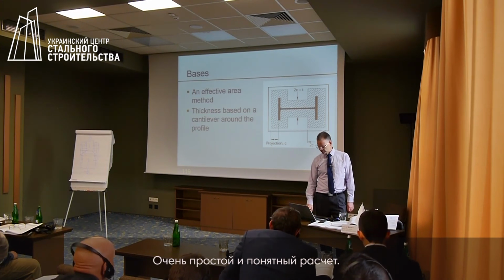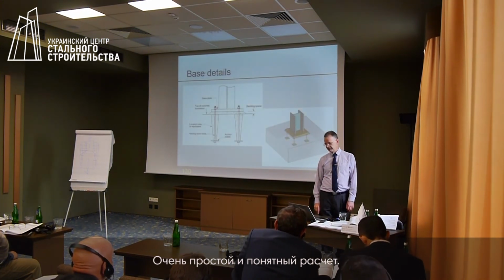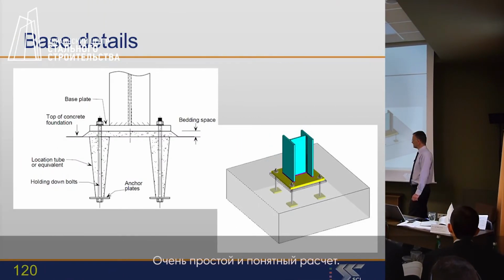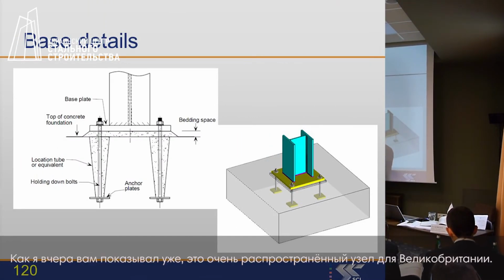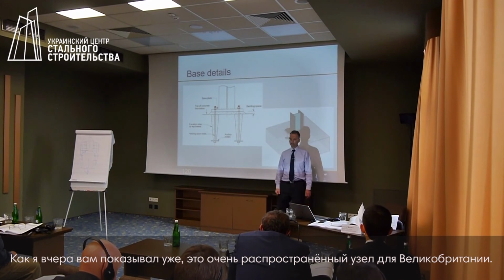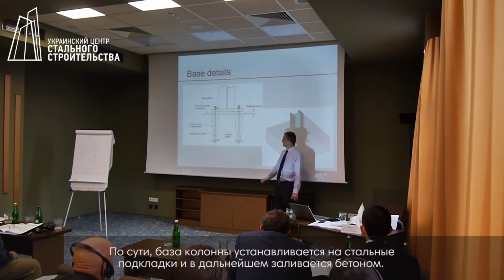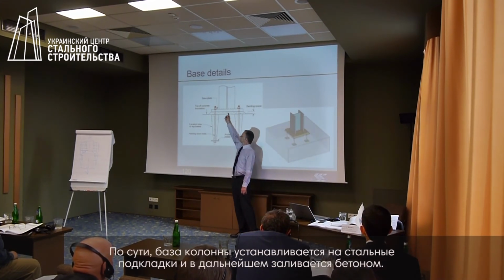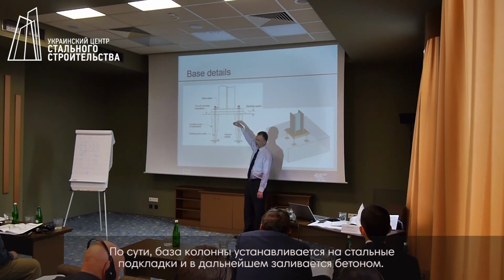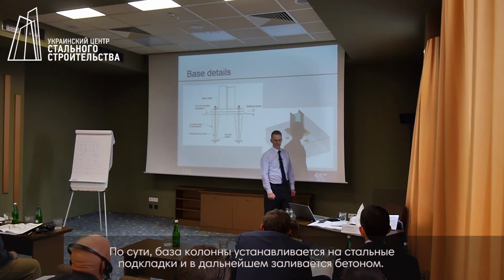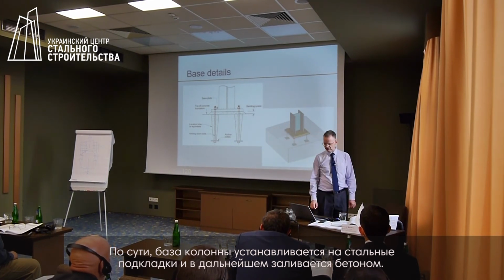A very straightforward approach. So here are some base details. This, I think I showed you yesterday, would be very typical in the UK. The base practically is going to be set on some steel packs here before later this grout is introduced into the connection.